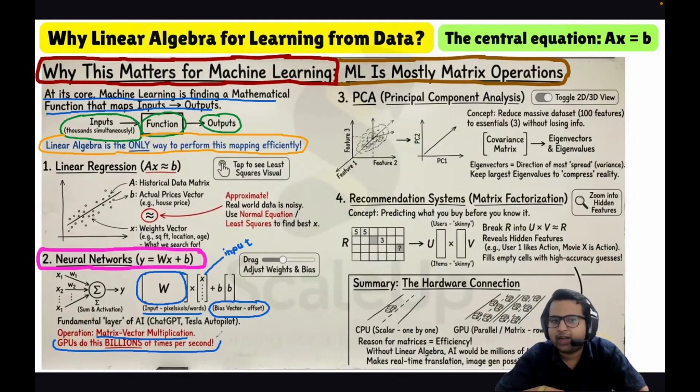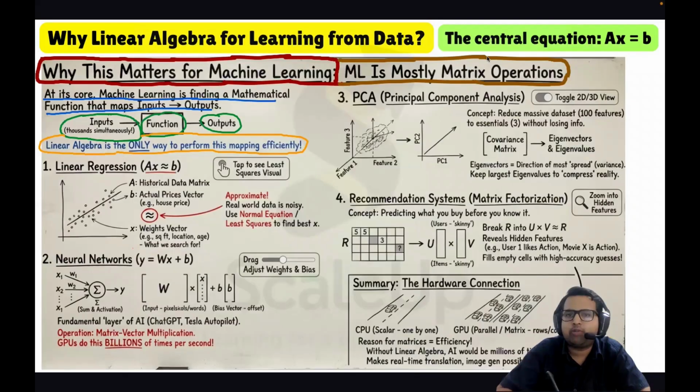It compares that output with the ground reality. The difference is the error, and based on the error, it updates the values in the weight matrix. Once again, it multiplies with the input vector, adds the bias, gets the output, calculates the error, and updates the weights. It will keep on doing this until the error is minimized. So a neural network also makes use of the equation Wx + b.